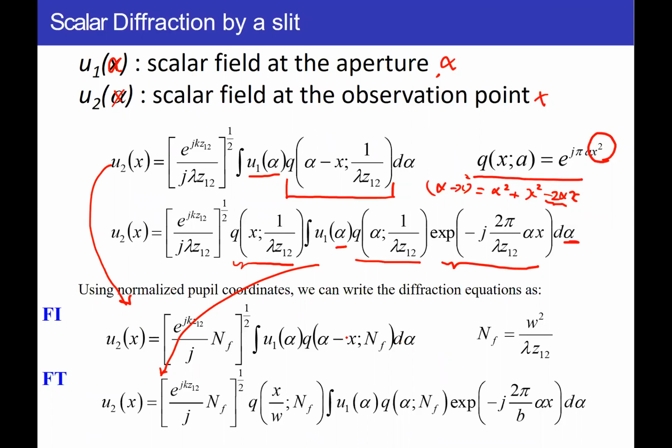Remember that the Fresnel integral was an integral over this quadratic phase. And if you look at it, this term times this one altogether is nothing but a Fourier transform. And what is going to be Fourier transformed is this term.